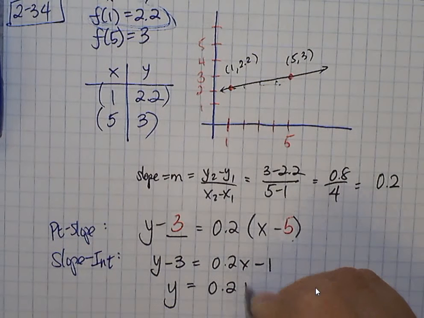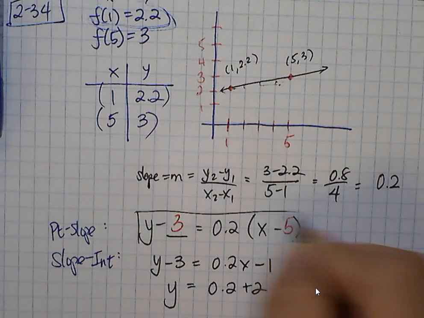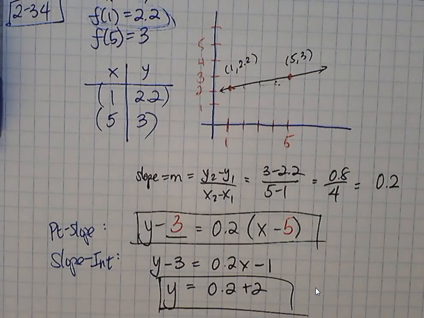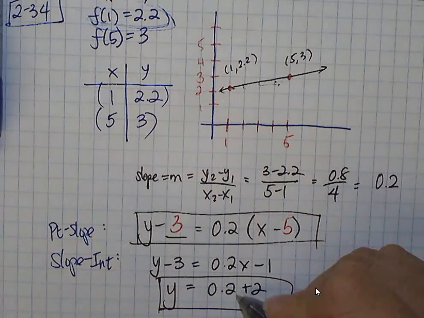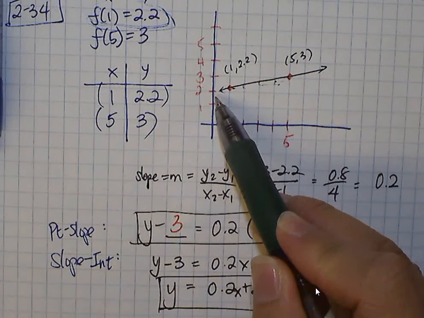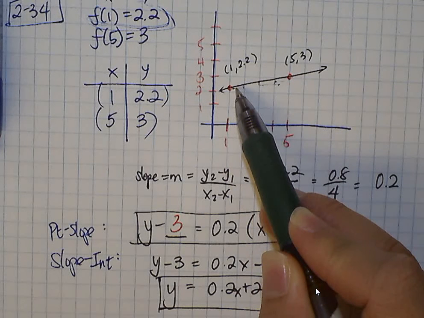So now we know the slope. So what is the y-intercept? What's the b? 2. So if this line kept going, it should cross through the y-axis at 2.